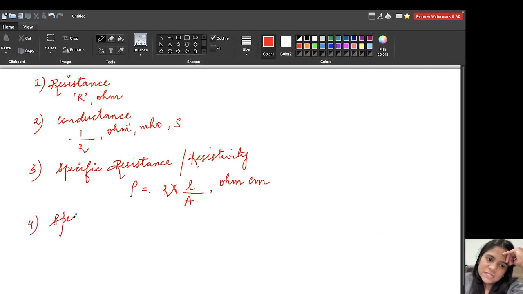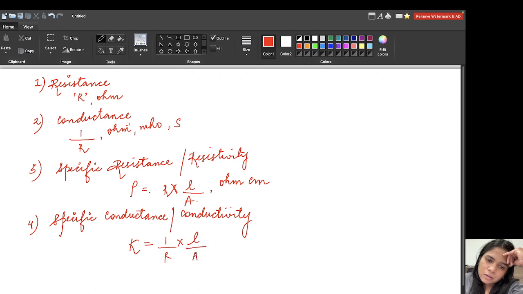Next is your specific conductance, or conductivity, just the opposite. It is represented by kappa. So kappa will be equal to 1 upon R into L upon A. Just do this opposite of resistivity.